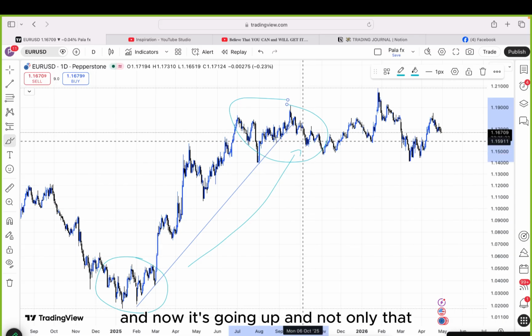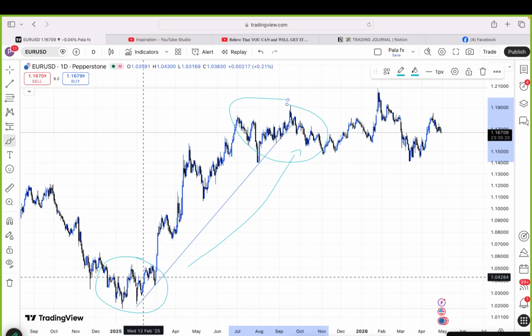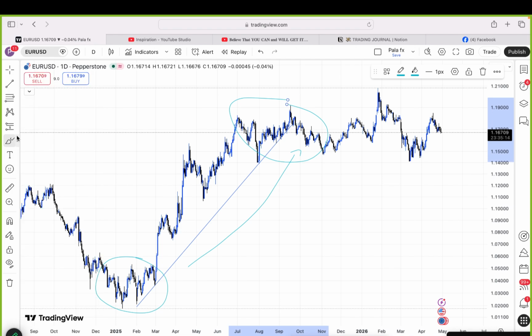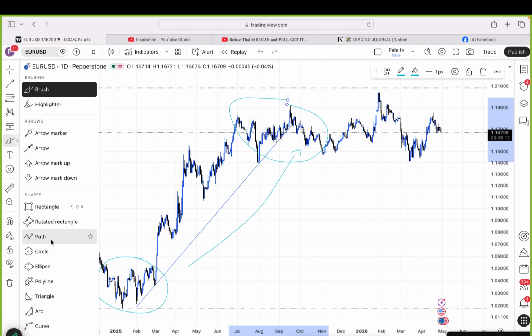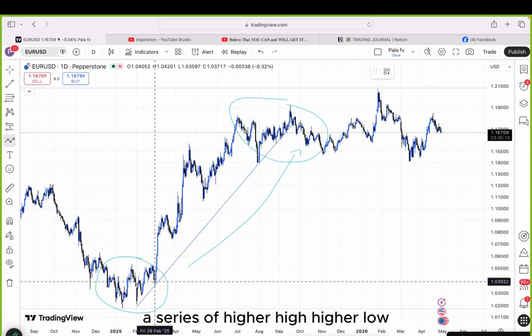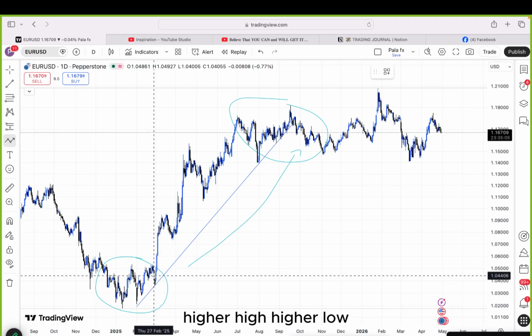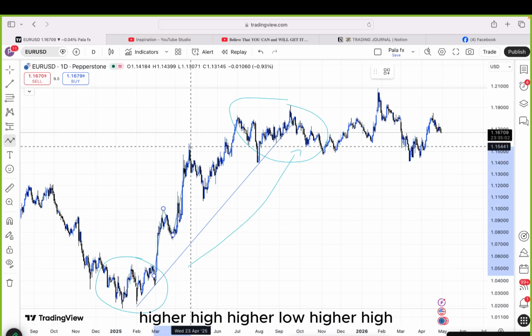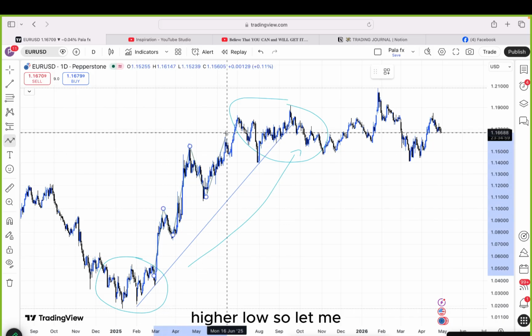And not only that, it also formed a series of higher high, higher low, higher high, higher low.